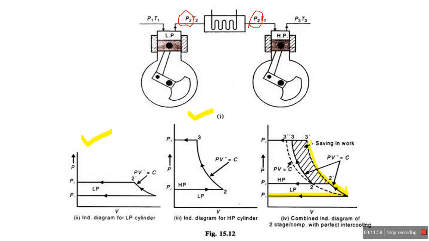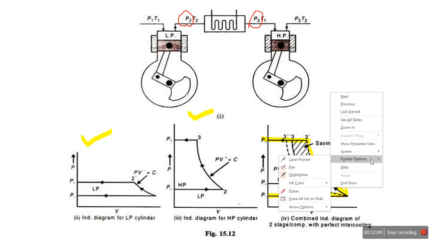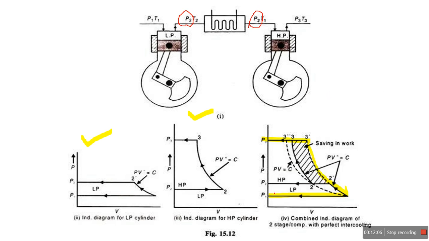I am highlighting the area in yellow. If your compression is carried out in a single stage versus two stages, the area is marked in red here. Then observe what the hatched area indicates.